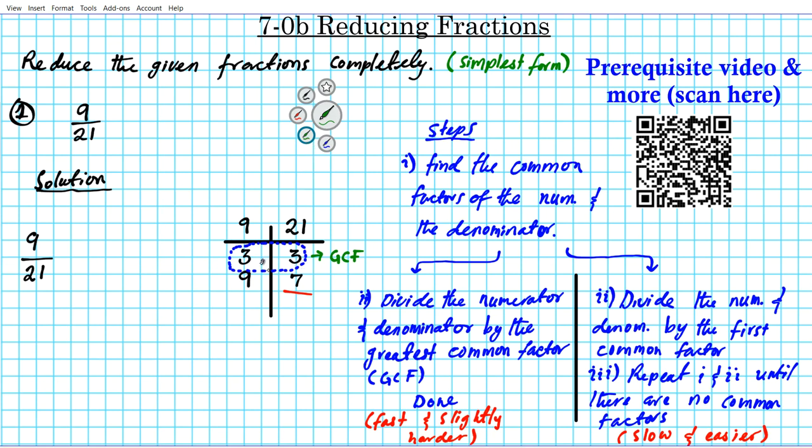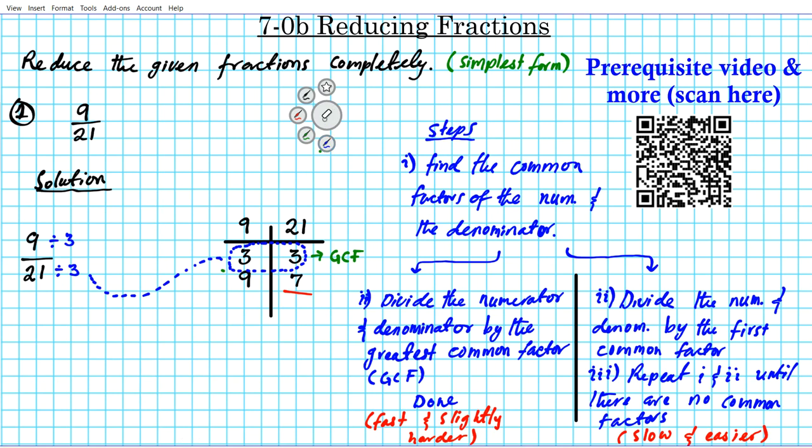All right. So this common factor, which is 3, we're going to use it to reduce this fraction. We know that 3 goes into both of them. So we're going to go ahead and divide these two numbers by 3. Divide the numerator and the denominator by the same number, by 3. Okay?